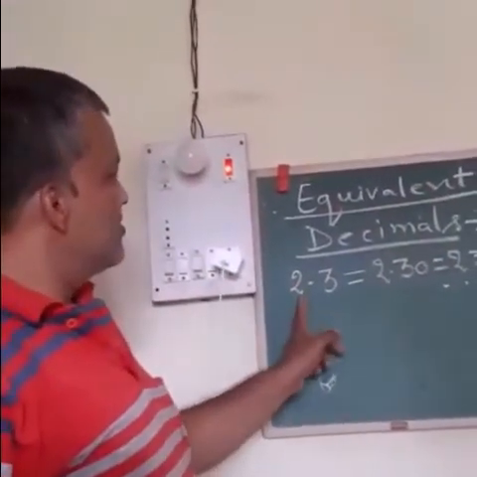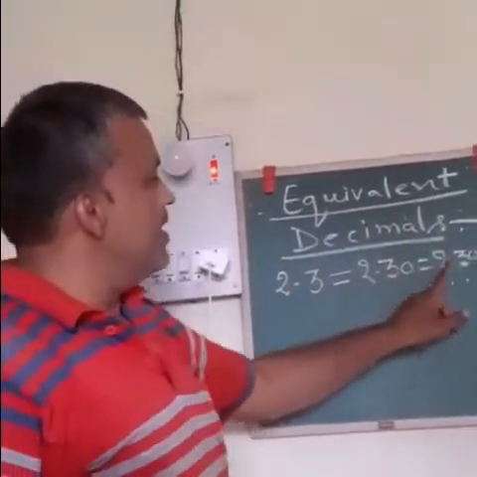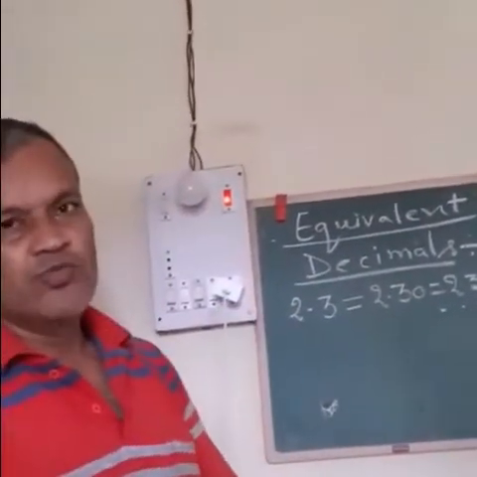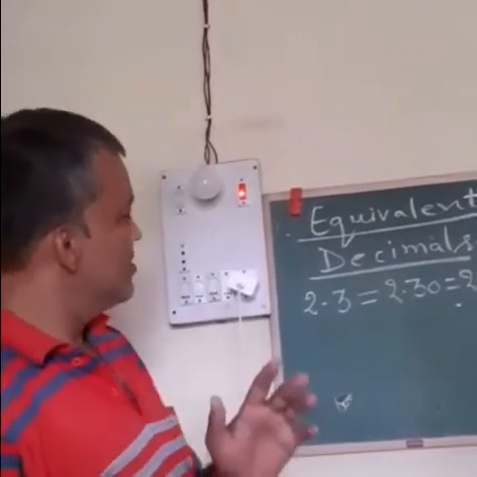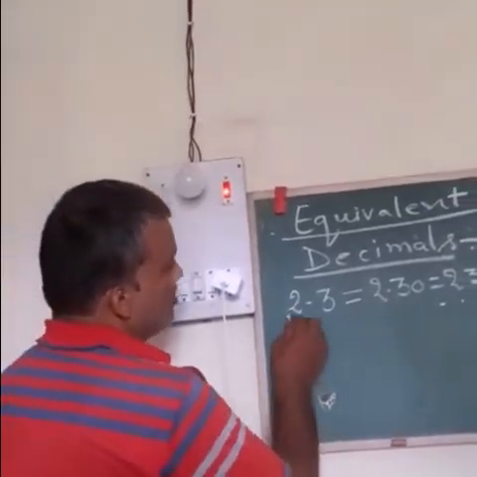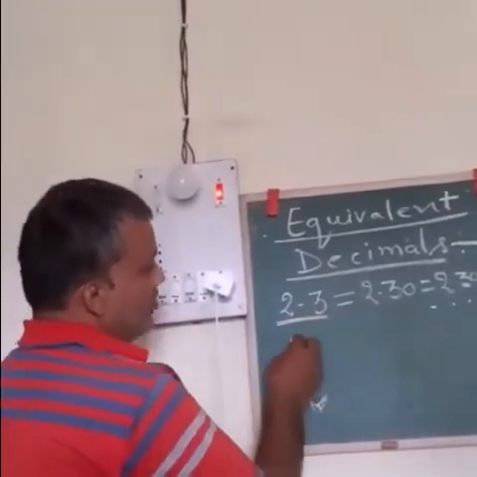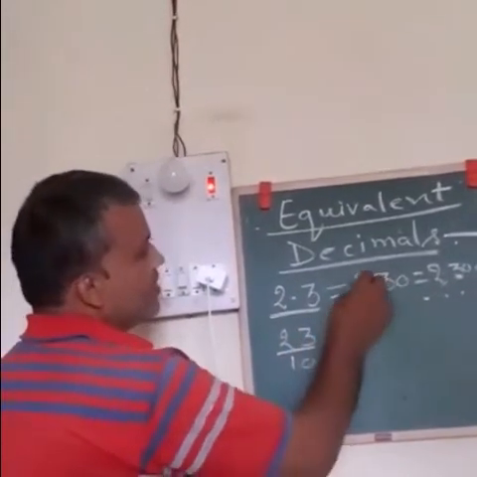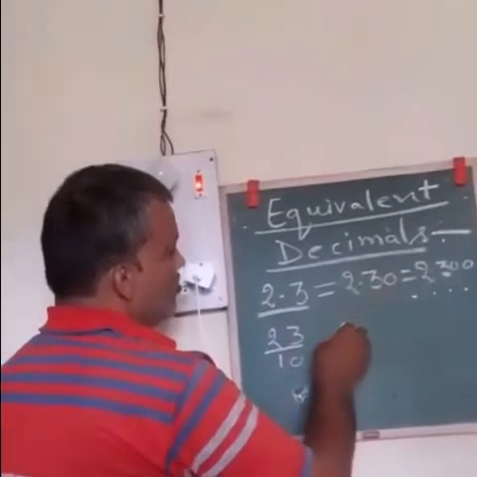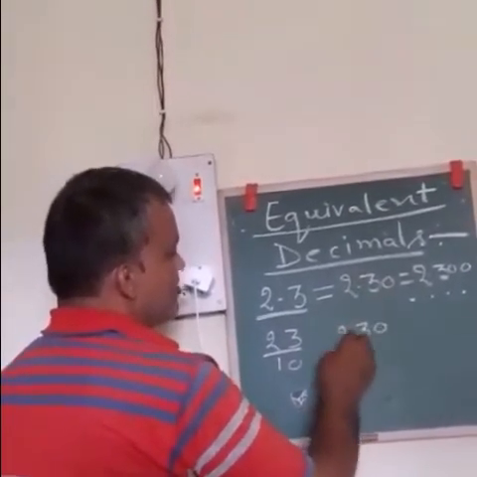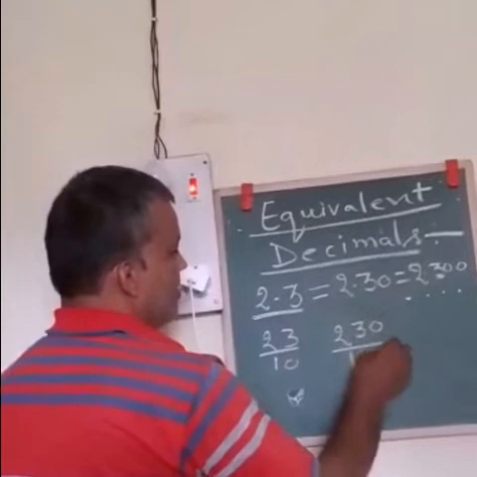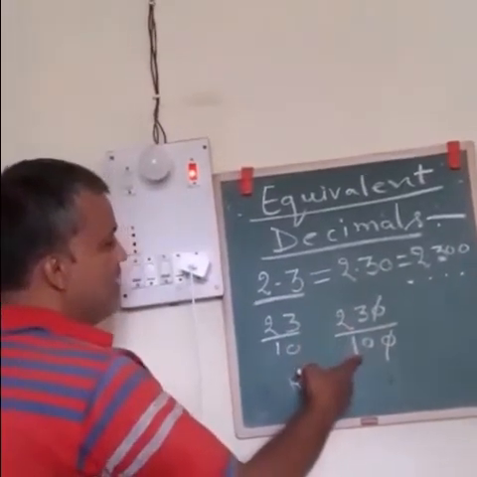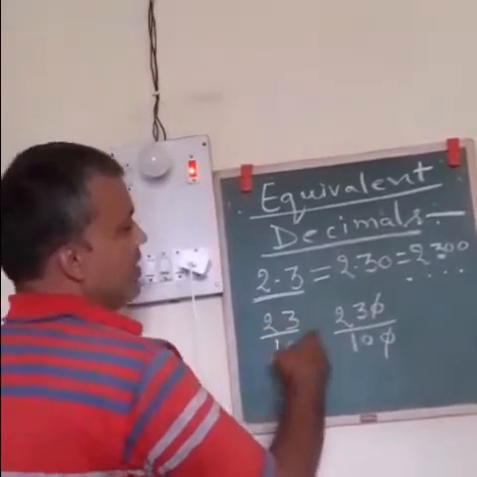These three numbers given on the blackboard are of equal value. How? So we should know 2.3. We write here 23 by 10. 2.30 we can write as 23 by 10. This is also 23 by 10.